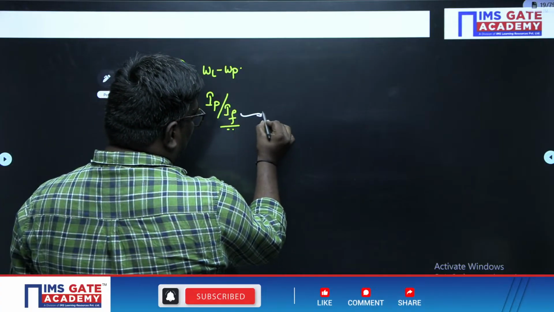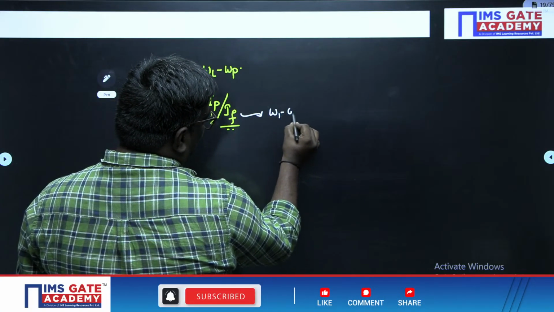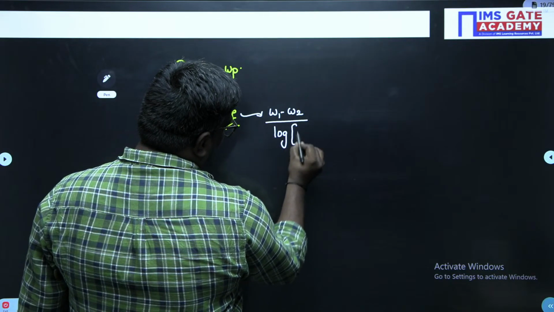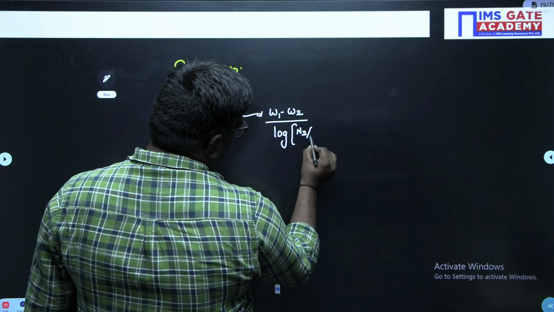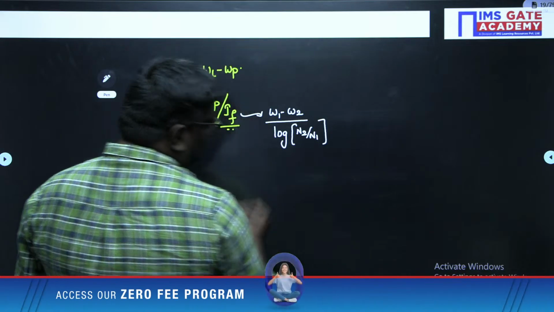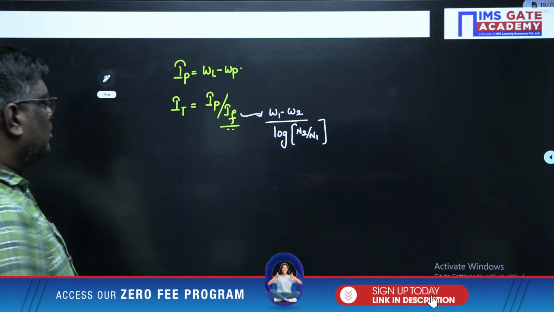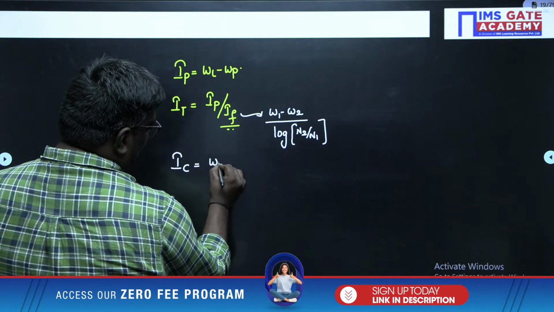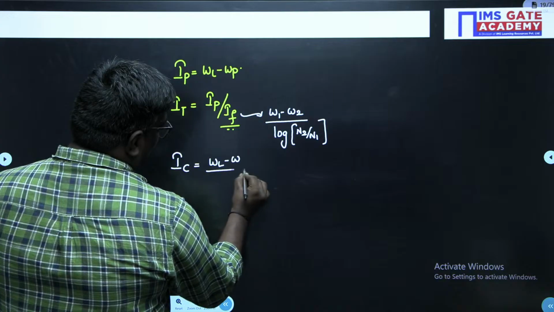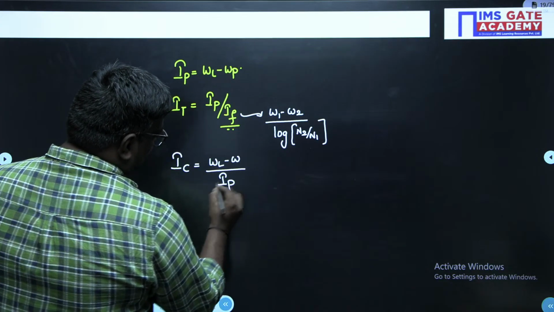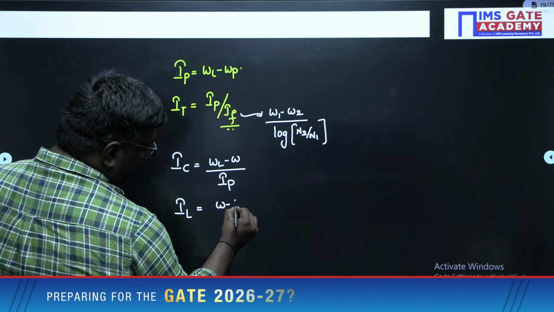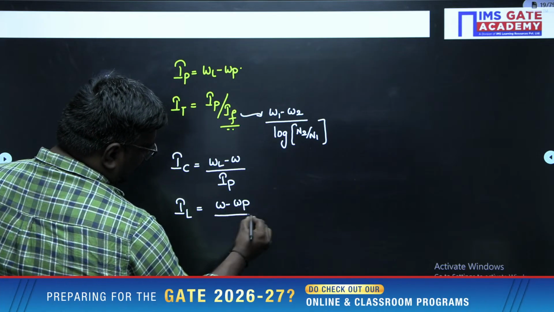You can say W1 minus W2 upon log of N2 by N1. This is flow index. Consistency index is WL minus W by IP. Liquidity index is W minus WP upon IP.